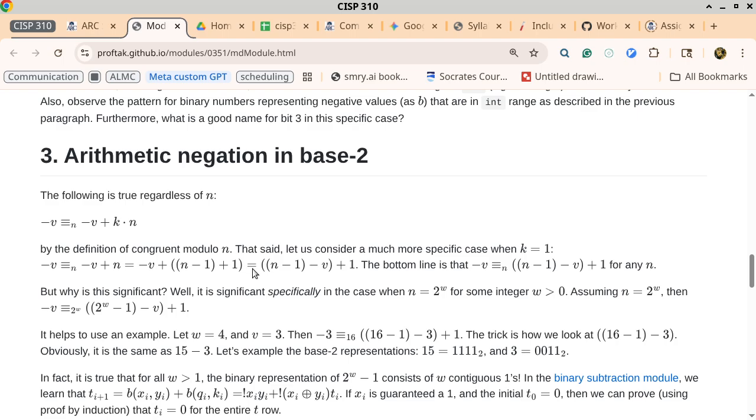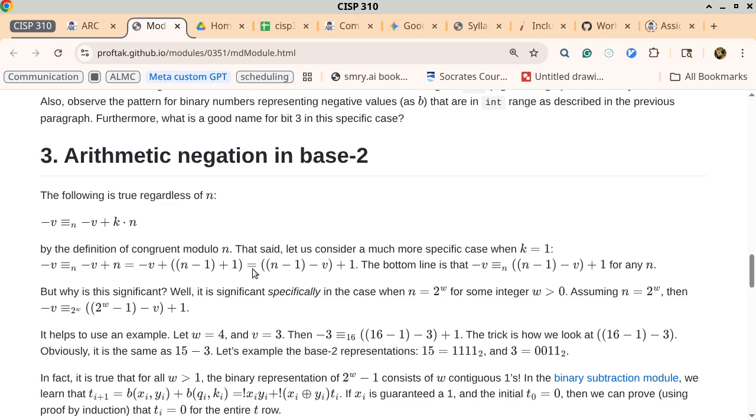All right. But there's something special about n, because we know n is a power of 2. So you ask, what is so special about n being a power of 2? It is not so much that n itself is interesting, it is n minus 1 being interesting. So what is so interesting?